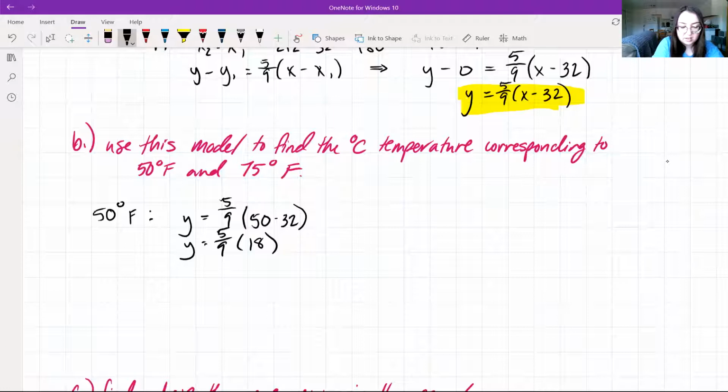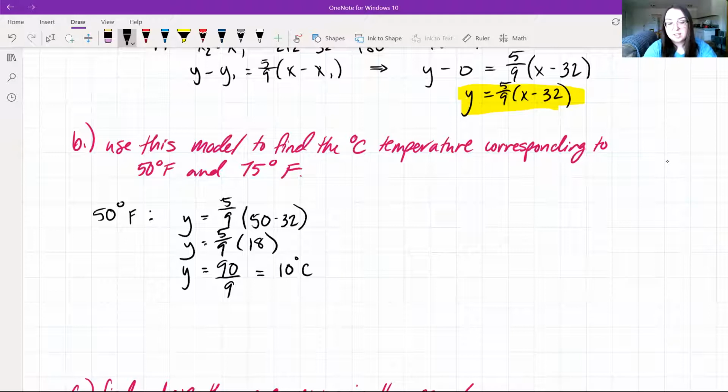Then we can multiply 18 by 5 to get 90. So we have 90 divided by 9, which is going to be 10. And since this is y, we have 10 degrees Celsius.